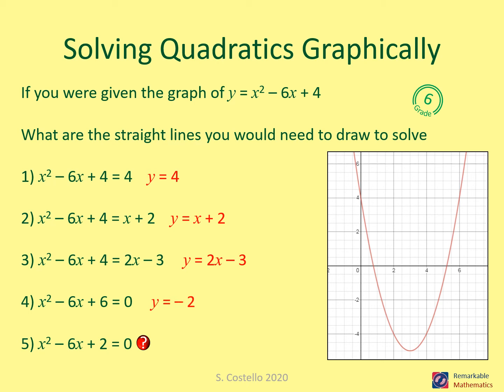So that would mean we need the line y equals minus 2. For the last one, the c value here was plus 2, when in the original graph it was plus 4. So we add 2 to each side, which would give us the line y equals plus 2, or y equals 2. So hopefully you got them right.